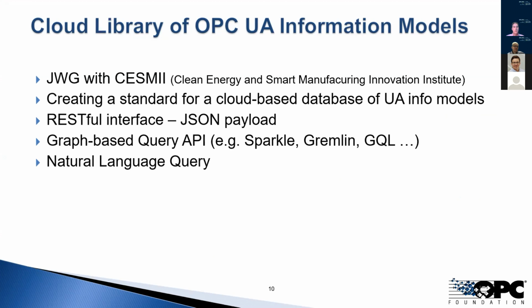Even though the information model is OPC UA, the goal is to make these things more useful with the IT tools used in that environment. So JSON payloads, graph-based query languages like SPARQL and Gremlin, and maybe eventually a natural query language are all possible. But again, not using a UA interface, but using the information model that's described in the UA node sets.